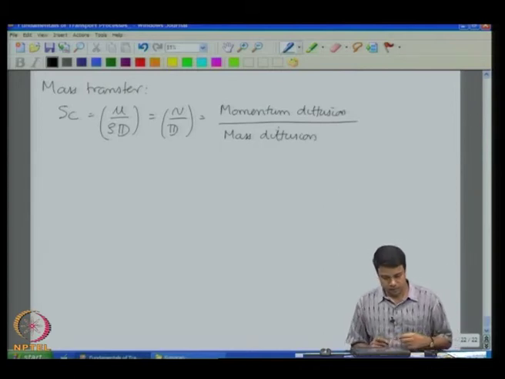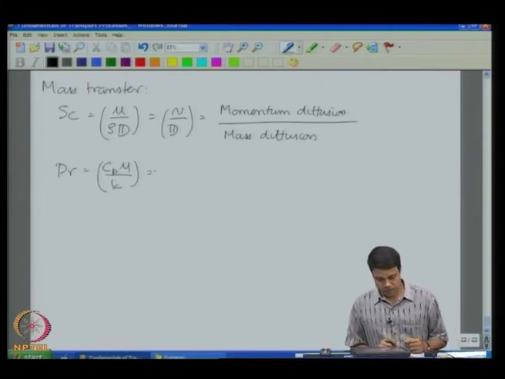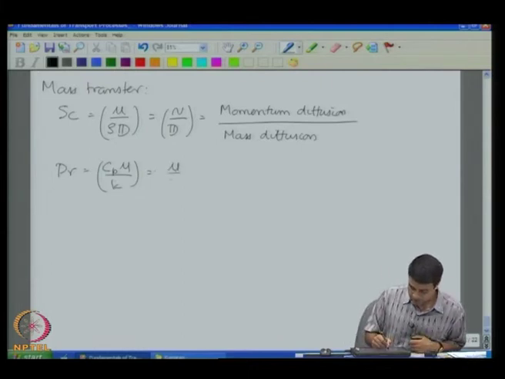The Prandtl number, Cp mu by k. I can write this as mu by rho times rho Cp by k.